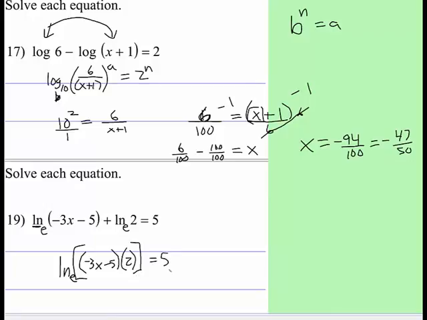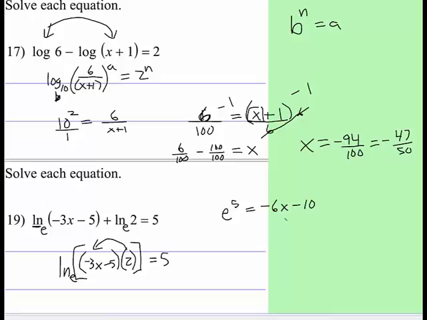Again, we have it in proper form, so when you rewrite it, it becomes e to the 5th is equal to, let's do the distributive, 2 times negative 3x is negative 6x, 2 times negative 5, then we're going to put subtract 10.